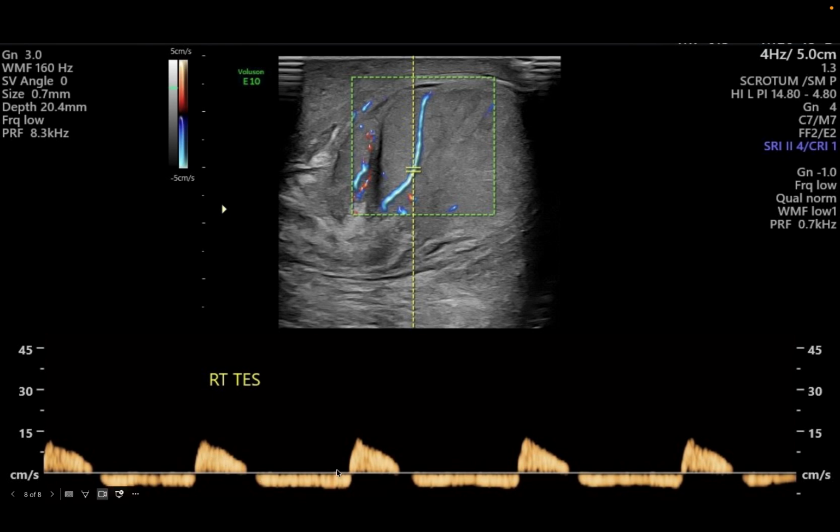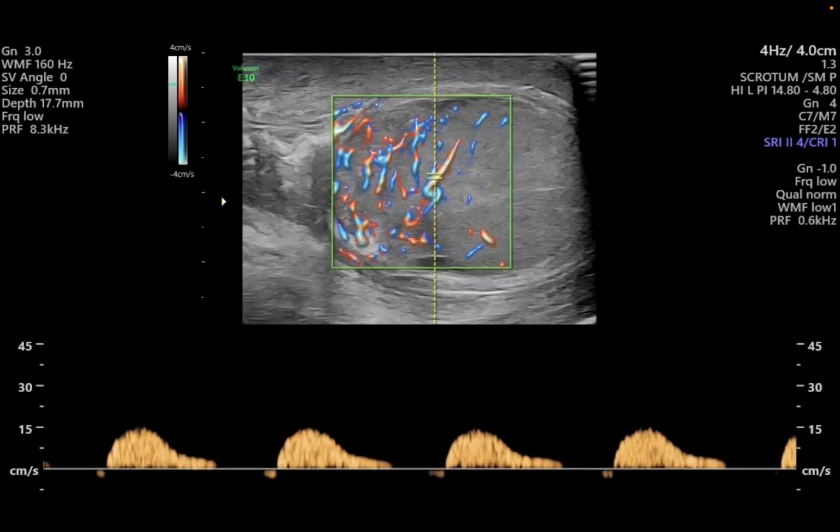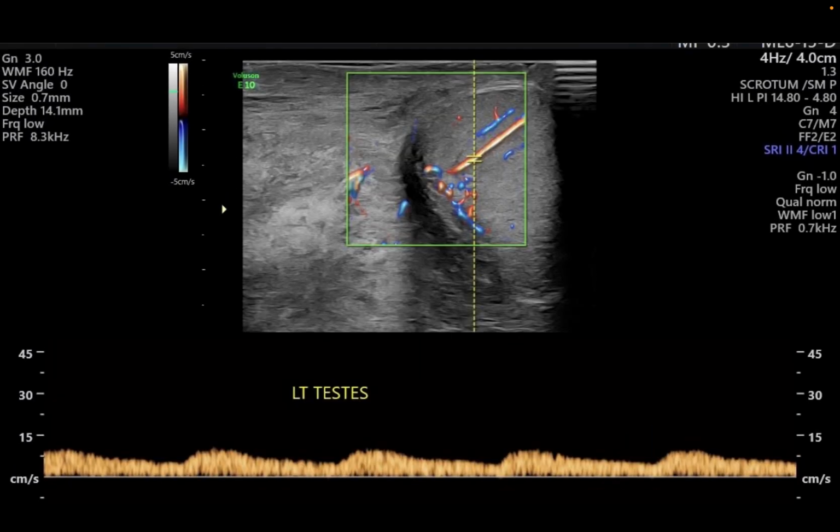of flow. So if the waveform demonstrates a high resistance pattern, that means absent end-diastolic flow or reversal of end-diastolic flow, it suggests that intratesticular vascular resistance is significantly increased. This finding raises concern for impending testicular infarction due to severe edema and vascular compromise.